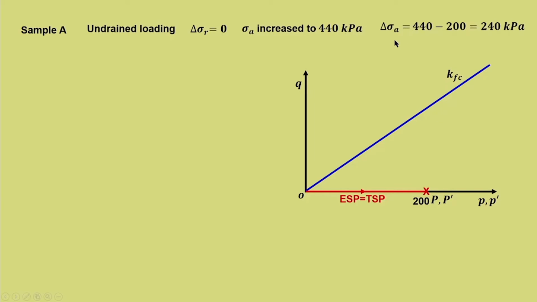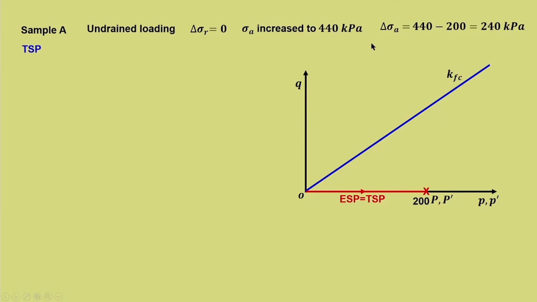So, delta sigma a will be 440 minus 200, because earlier there is an isotropic stress condition further which it is increased up to 440 kilopascal. So, do not misinterpret that 440 is in addition to 200, the axial loading is increased to 440. So, the total axial stress increment will be 440 minus 200, which is 240 kilopascal.